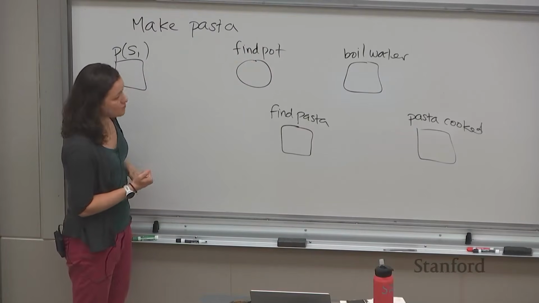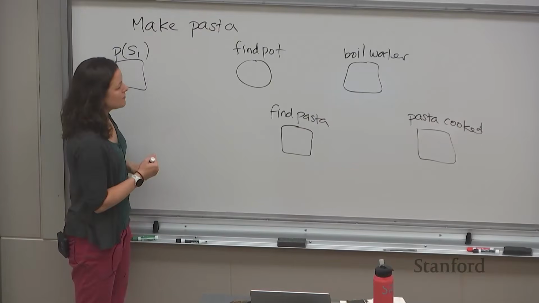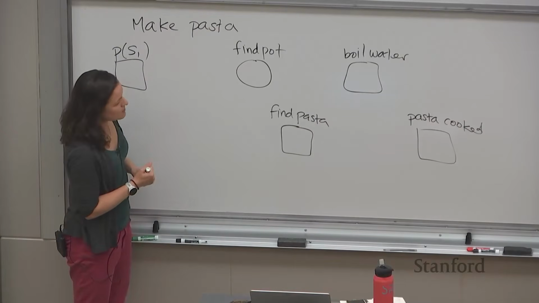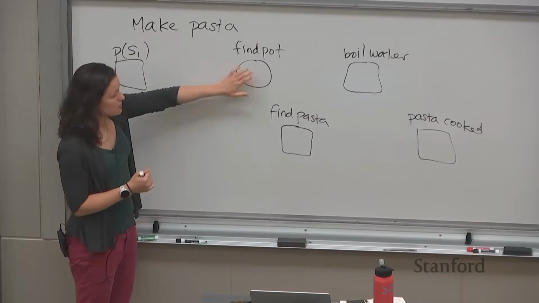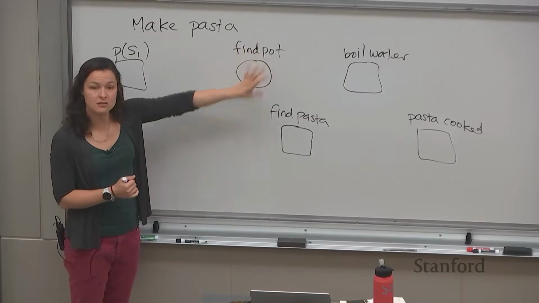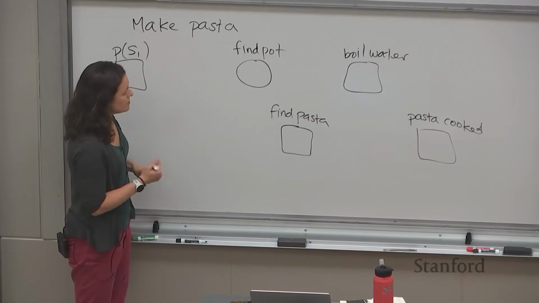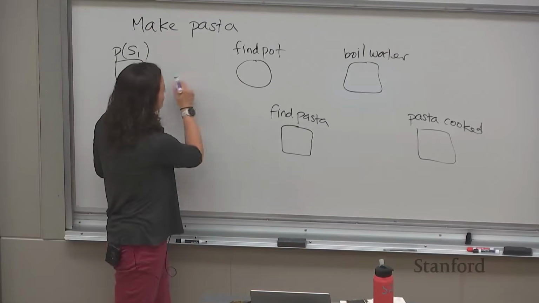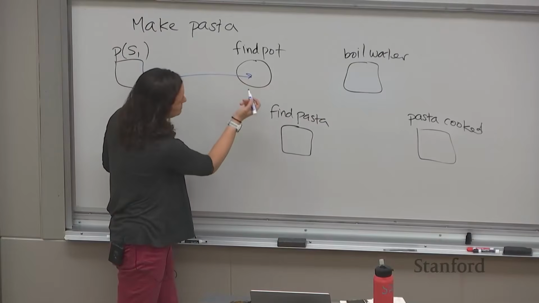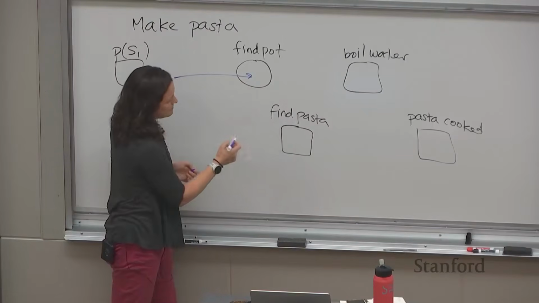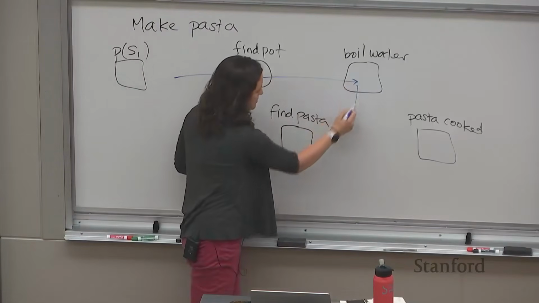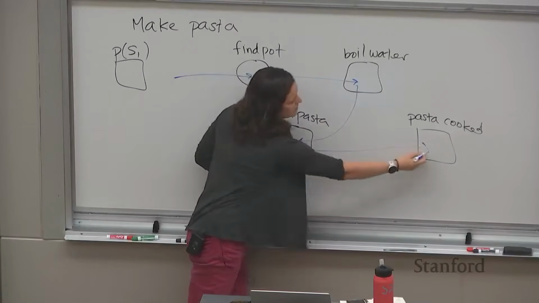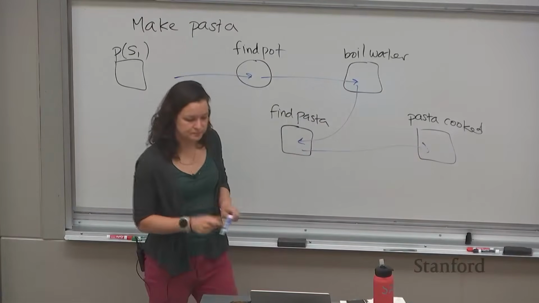And generally, as we've talked about before, the low-level policy is going to be getting rewards that are based off of the low-level tasks. And the goal of something like this would be where you're moving towards finding a pot, maybe then you try to boil the water, then you try to find the pasta, and then you try to cook the pasta.